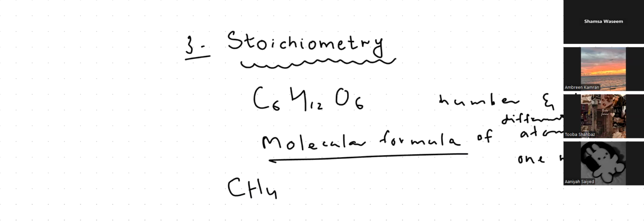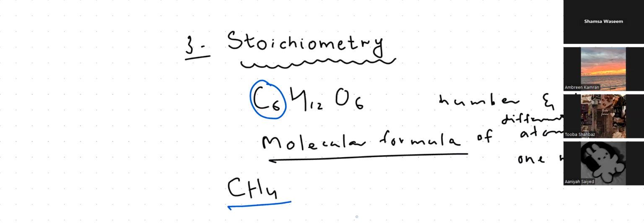For example, the molecular formula of glucose is C6H12O6. So it states the numbers and different types of atoms in a molecule. Is that clear? For example, the molecular formula of methane is CH4, so it shows that it contains 1 carbon and 4 hydrogen atoms. So again, the molecular formula shows the number and types of different atoms, right, girls? Is that clear?